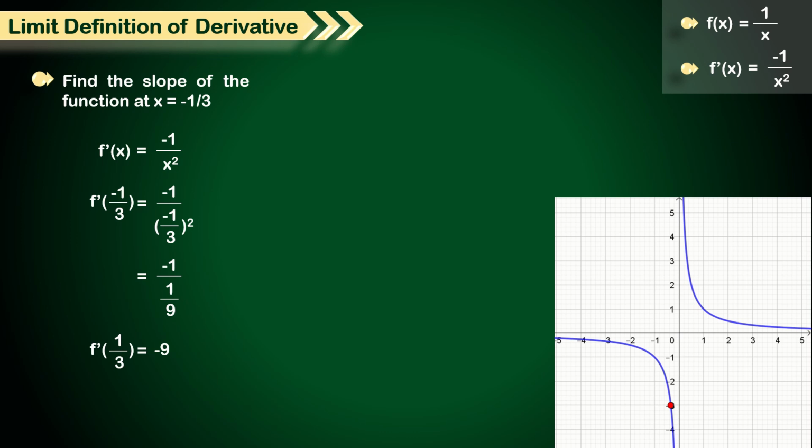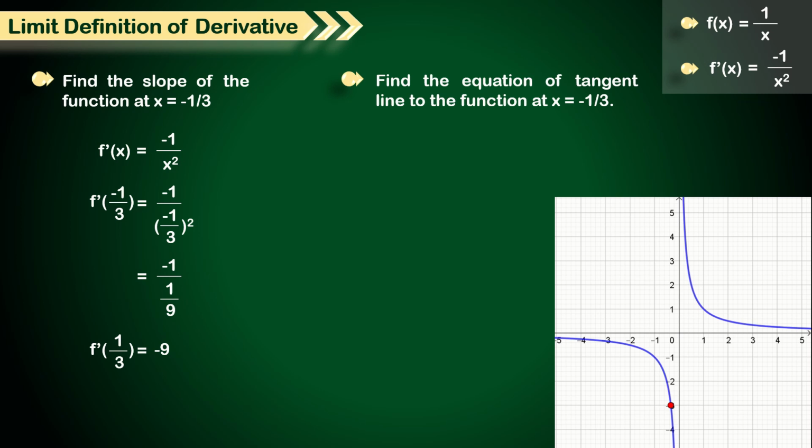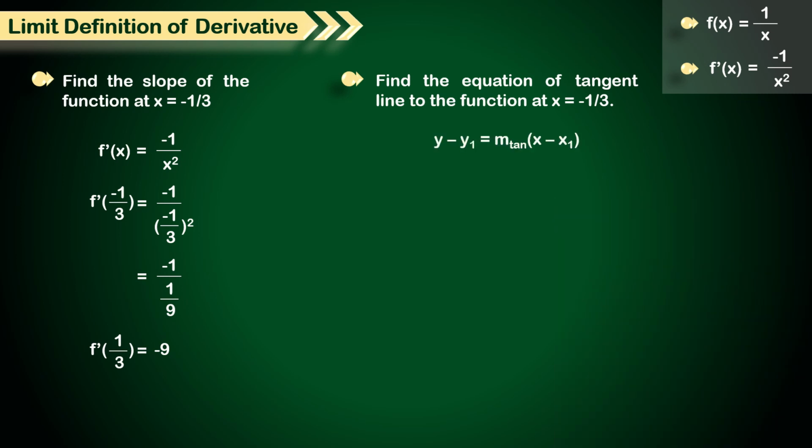To visualize how steep the curve is at x = -1/3, find the equation of the tangent line on the curve at x = -1/3. To find the equation of the tangent line, use point-slope form. In this example, the x-coordinate and slope are known.